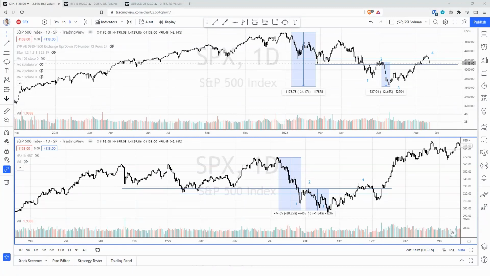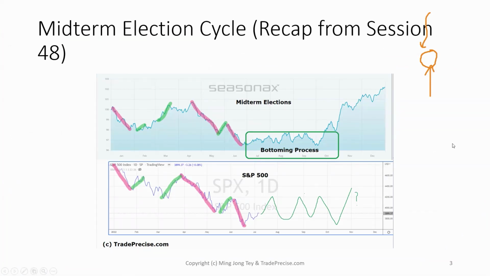So far, this current pullback actually acted like a litmus test, because if you look at a lot of the stocks in my watch list or the outperforming stocks, maybe only a handful of them really stand out, because while the market took a bad hit, just a handful of them really bucked the trend and are also charging up. Those are the stocks that we need to pay attention to, because they are really the outperforming stocks that we need to participate in. All right, so back to the slides.